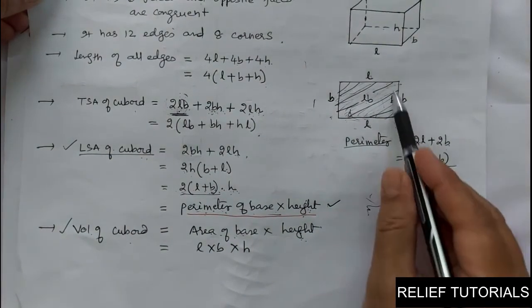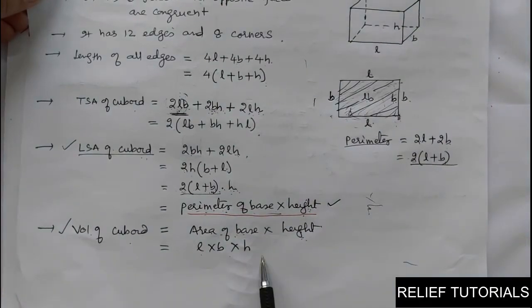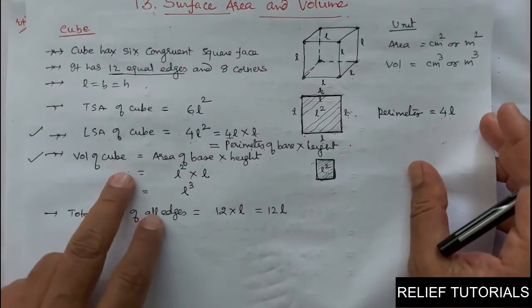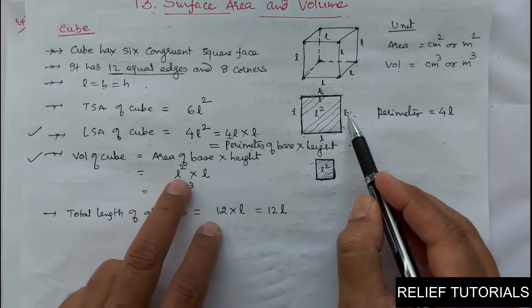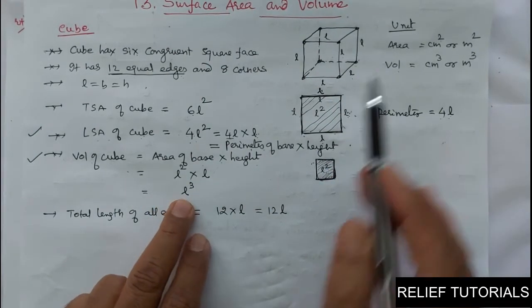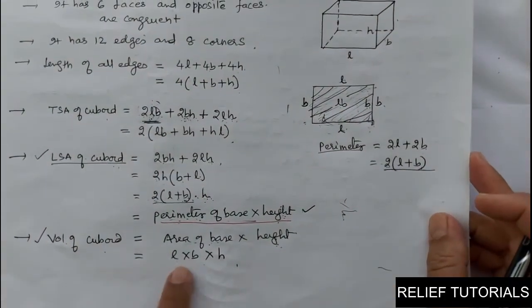So area of base is L into B and height is H. So LBH. Clear? Similarly, volume of cube is area of base into height. It is a square, so area of base is L into L, L square, and height is also L. So into L, L cube. So volume of cube is L cube and volume of cuboid is LBH. Got it?